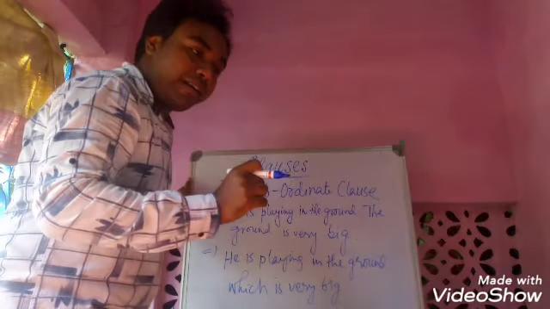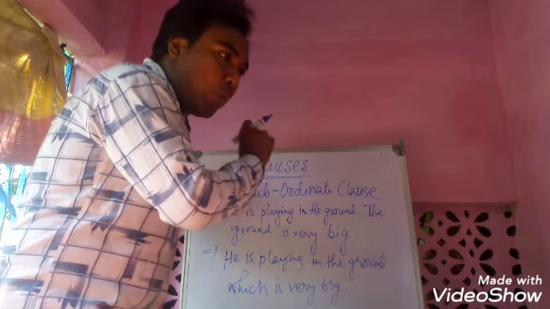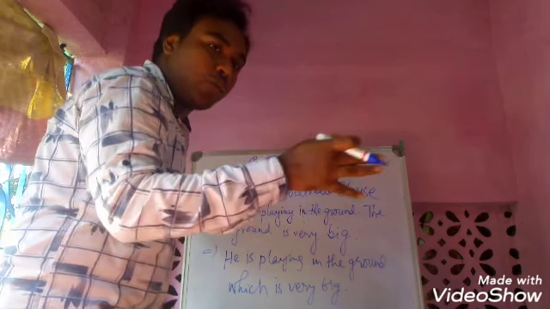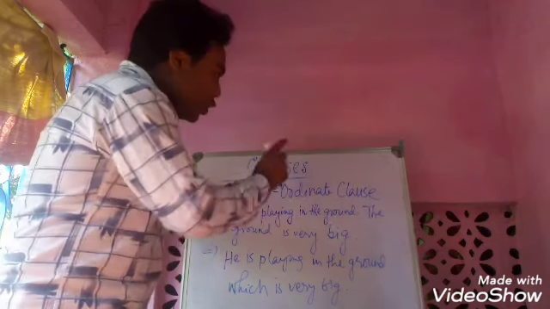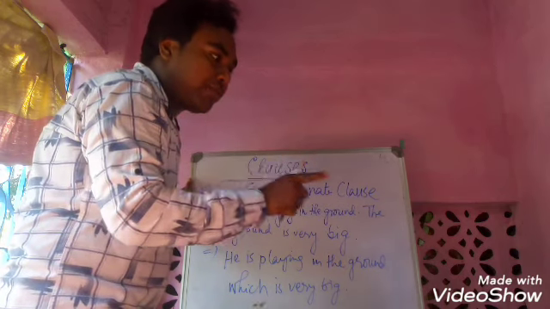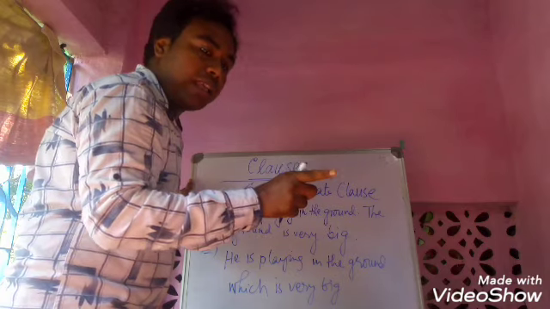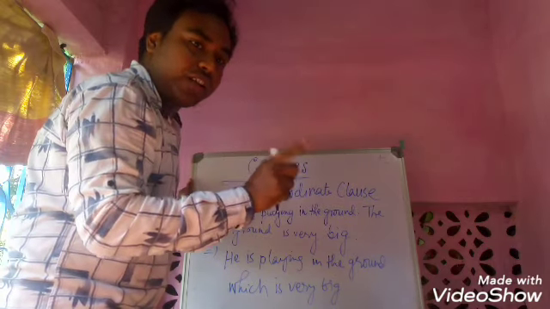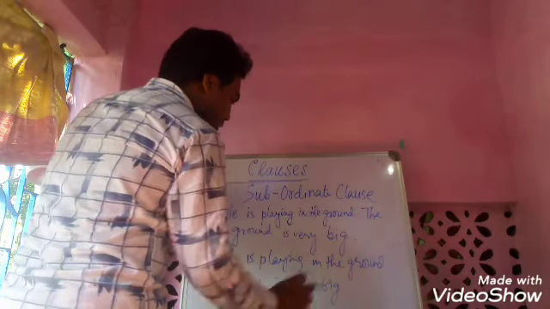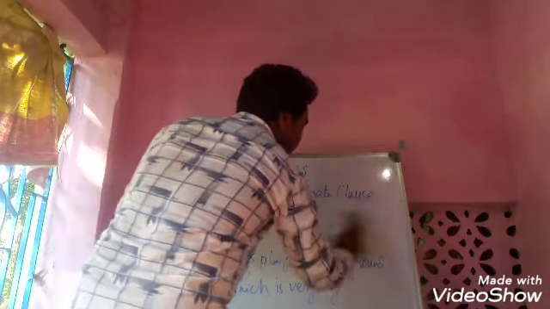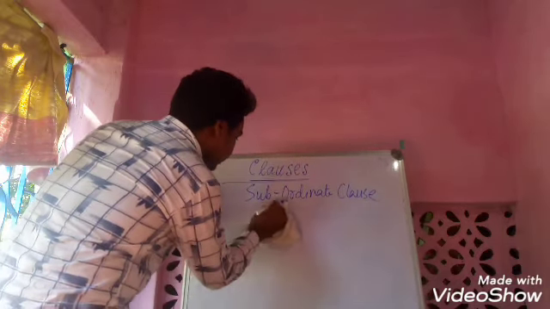Now I am saying that a sentence where there are 2 clauses or more than 1 clause can be called complex or compound. Now these clauses, adjective, adverbial and noun clauses, are only used in a complex sentence. Okay, so he is playing in the ground which is very big. Again, in another example, you can understand.